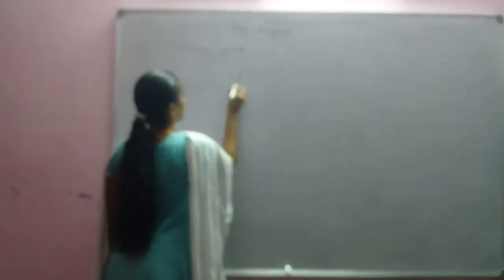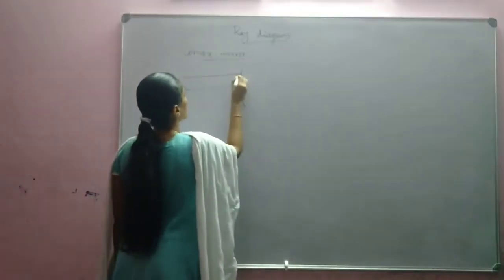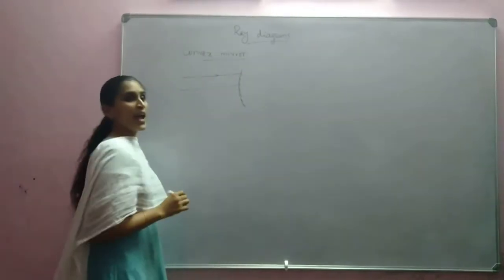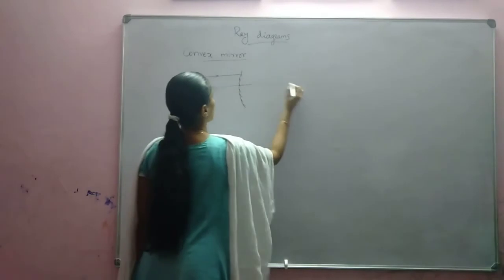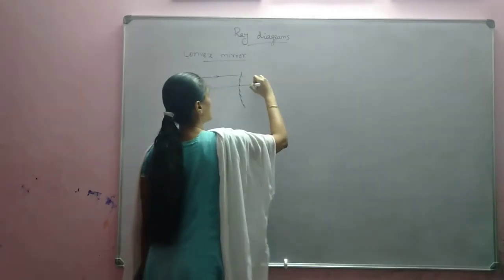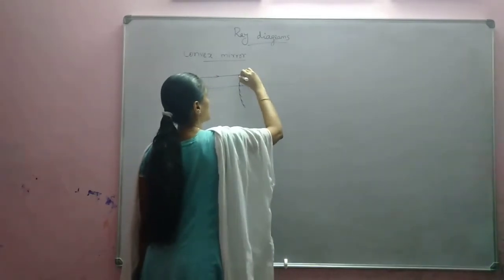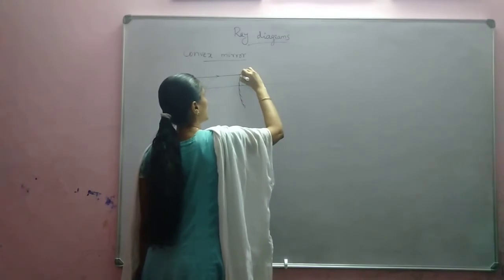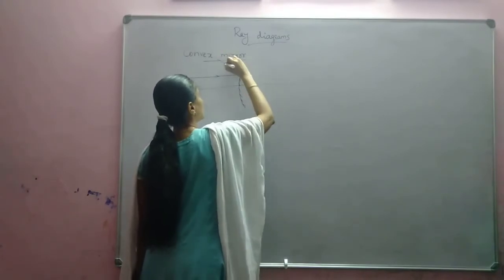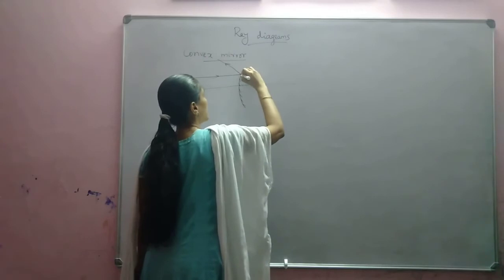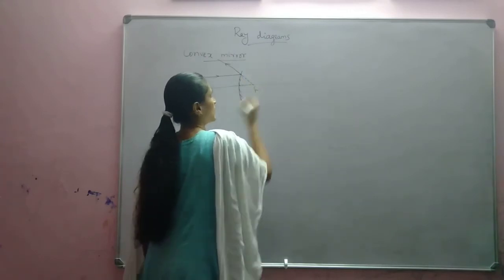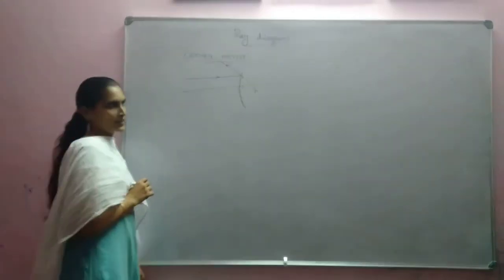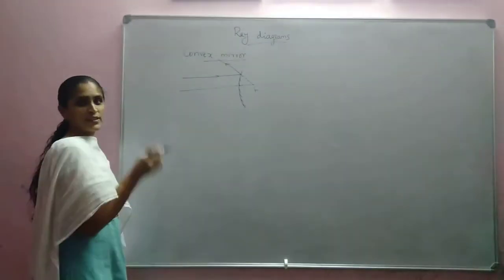First one is that if a ray is parallel to the principal axis, after reflection that ray will appear to come from the focus. So it will be reflected in such a way that it appears to come from the focus. This point will be the focus. Next one, just the opposite case.